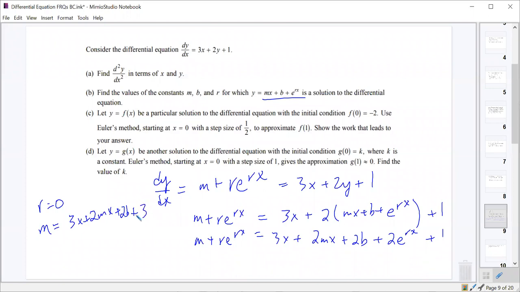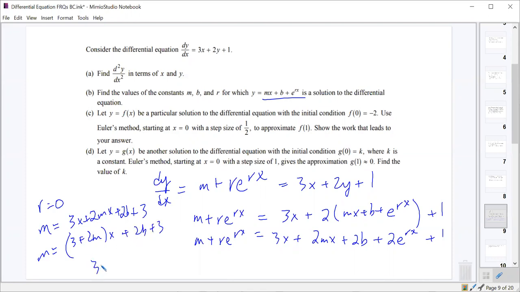And we should be able to factor out the x on this side. So we're going to say that m equals 3 plus 2m times x plus 2b plus 3.